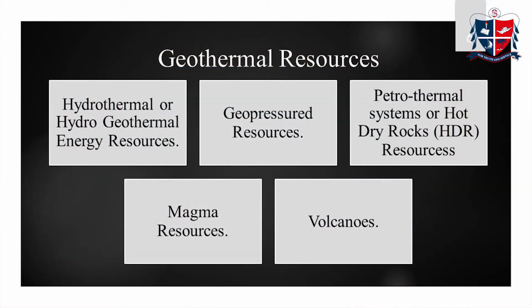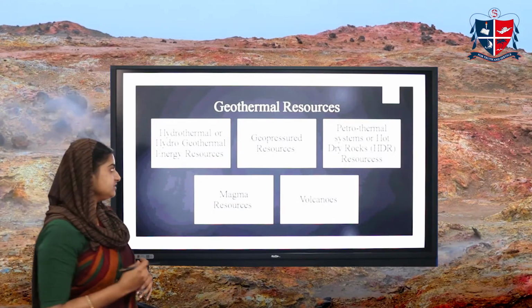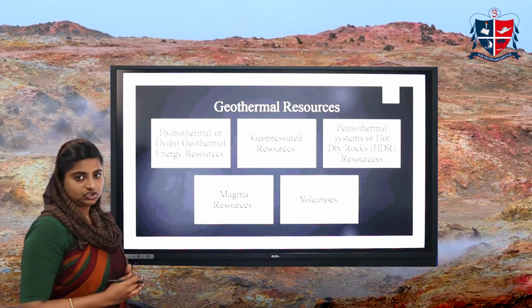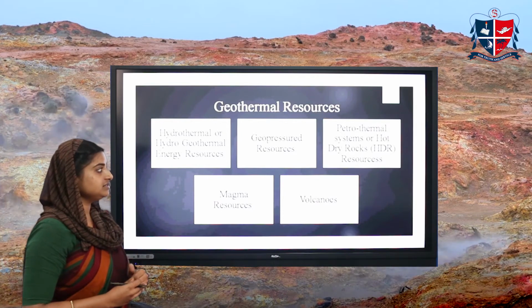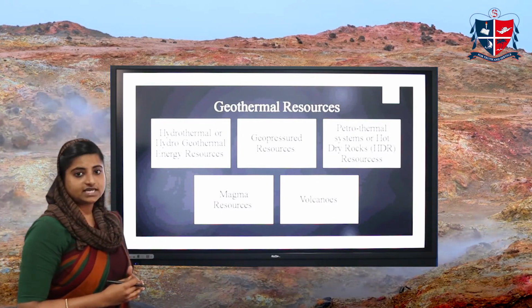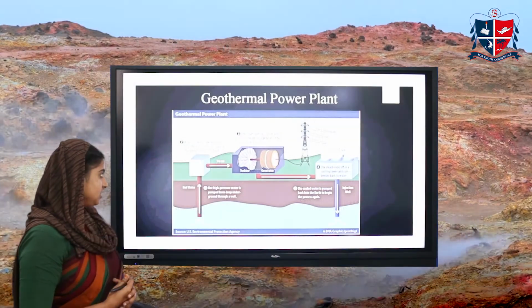So, we can utilize these geothermal resources for power generation. The geothermal resources are classified as hydrothermal or hydrogeothermal energy resources, geopressured resources, petrothermal systems or hot dry rocks, magma resources, and volcanoes.